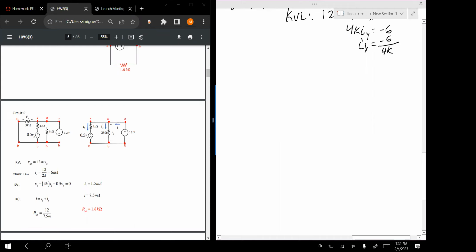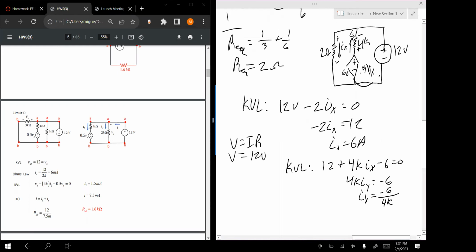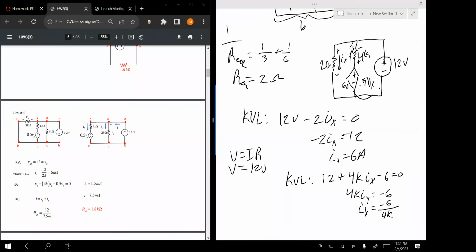Okay, so let's see what we got. It looks like we were right here. So they were in parallel. We did get a 2 kilo ohm. Oh, wait a minute. Wait a minute. Because our calculation here was 12 volts. Where our mistake was, this is not 6 amps.